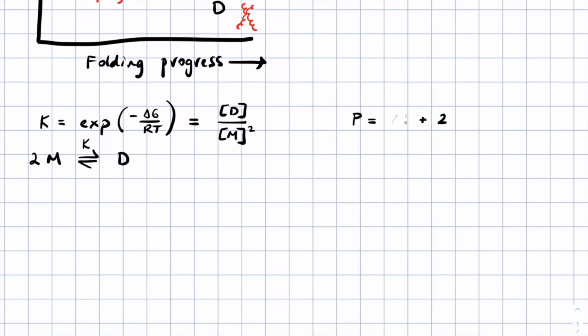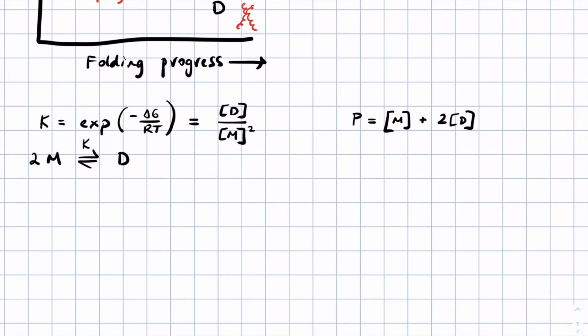Where does that factor of 2 come from? It comes from the fact that in every dimer you have 2 copies of the monomer. So if you had, say, 5 micromolar of the monomer and 2.5 micromolar of the dimer, if you split that dimer up into its monomer components, you'd have 2.5 of each of those monomers, and overall you'd have 10 micromolar peptide.